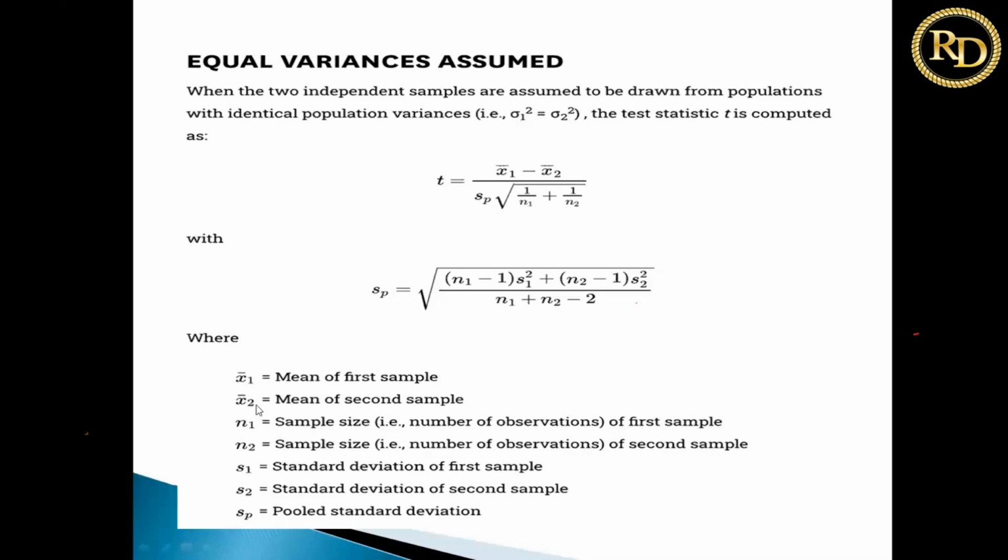This is the sample mean for the second group, or say second population. N1 is the sample size for the first sample, N2 is the sample size for the second sample. S1 is the standard deviation for the first sample, S2 is the standard deviation for the second sample, and SP is the combined, or say pooled, standard deviation, and the formula is here.